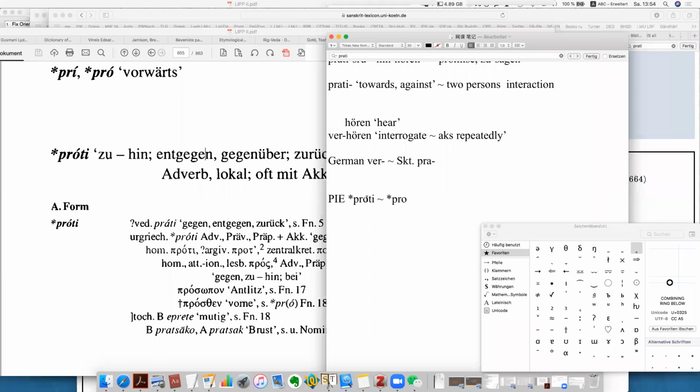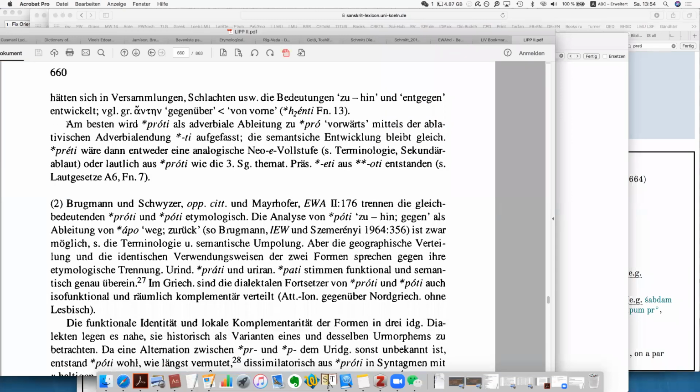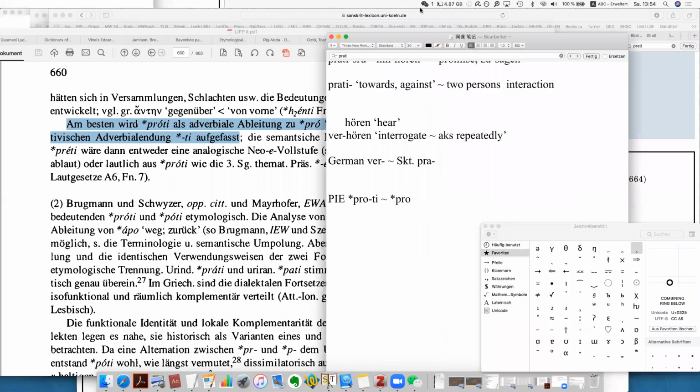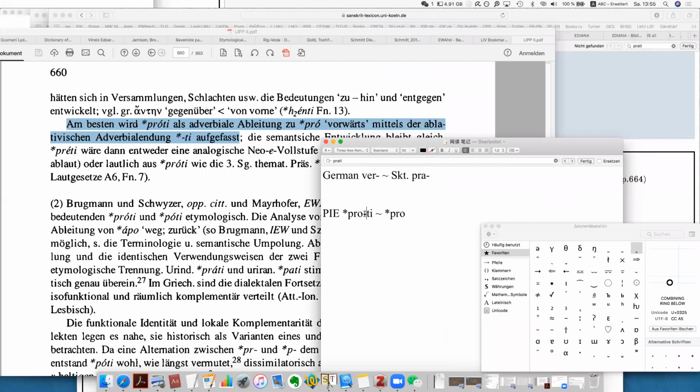And what is the relationship between these two? If we check Dunker, this is the explanation. So proti is closely related with pro, and it is derived from pro.